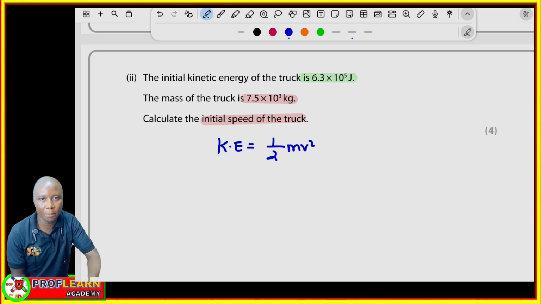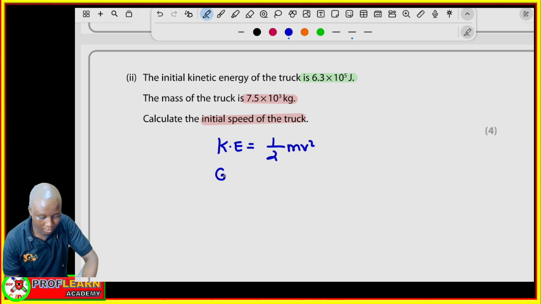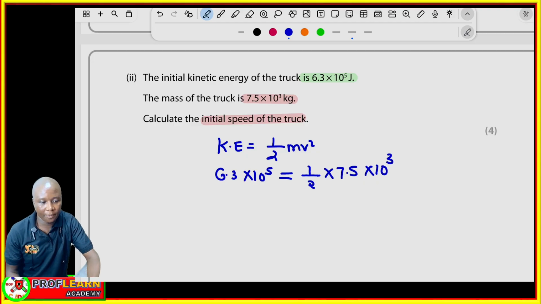Since we are provided with kinetic energy, we say 6.3 times 10 raised to power 5 equals 1/2 times mass, which is 7.5 times 10 raised to power 3 kg, times v squared.